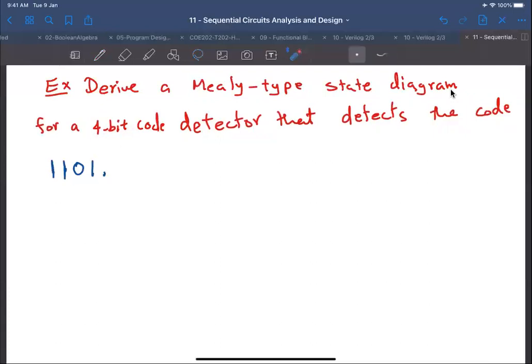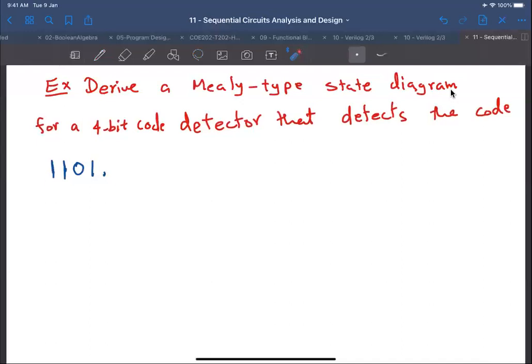So what happens is that you are receiving the code serially through an input X, for example, and then deciding whether you receive the code that you're looking for or not. So when do you get your output? You get it after receiving the final bit of the code.